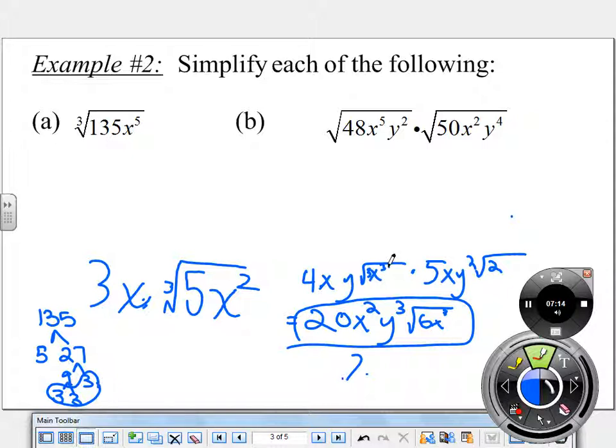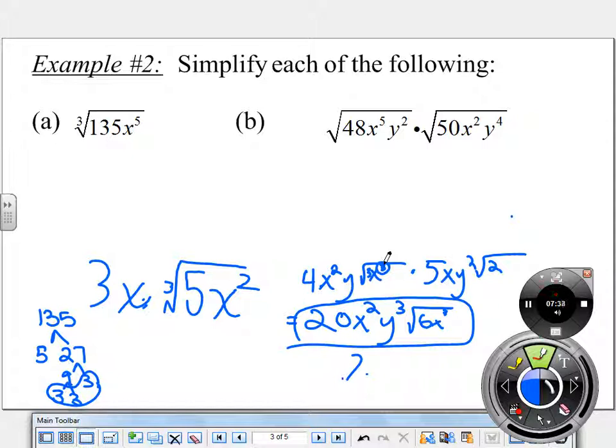Okay, so notice that we have a power of 3 left inside the radical. How many factors of x is that? 3. But we're a square root, so we're looking for groups of 2. So we have another group of 2. So this could actually be x squared out here with just 1 power of x left in the radical. Okay?